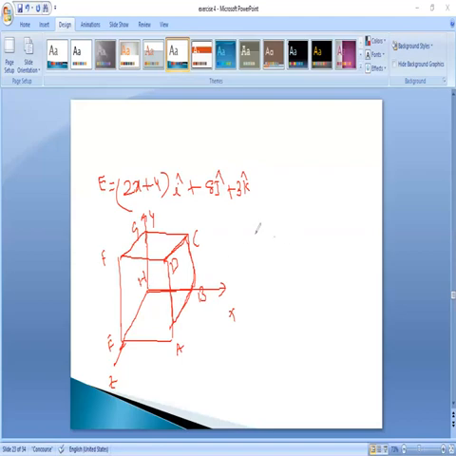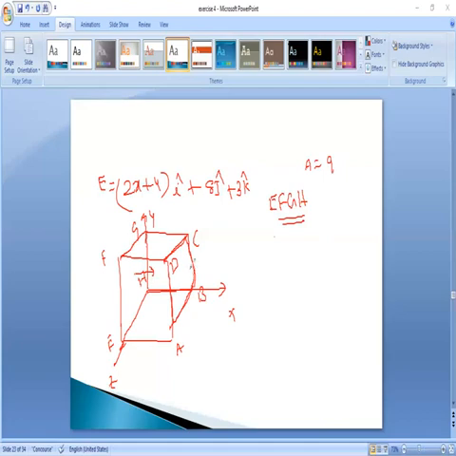At this particular surface, EFGH first I consider. At the surface EFGH, how is the direction of area? Here the area direction is along x-axis. So you can write area is nothing but side square only, 9.